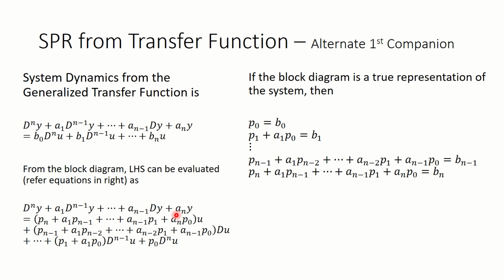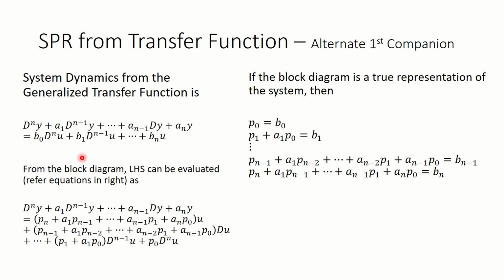So we can compare coefficients. We do the compare-coefficients exercise and we come to this set of equations. This set of equations is obtained by comparing the coefficients of the different orders of derivatives of u.